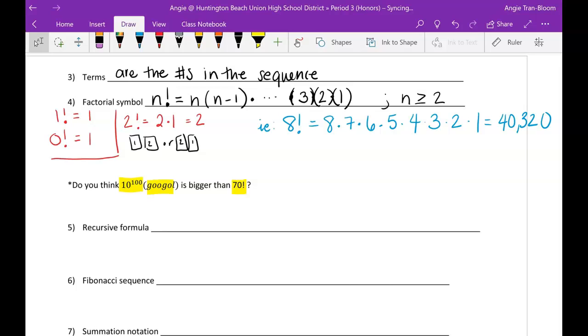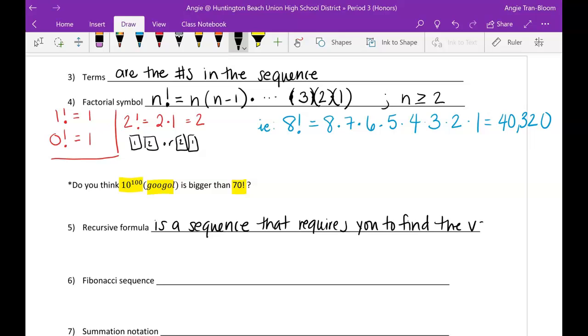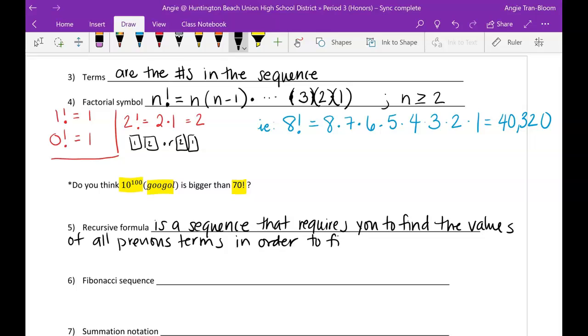Next, a recursive formula is a sequence that requires you to find the values of all previous terms in order to find the value of a subscript n.